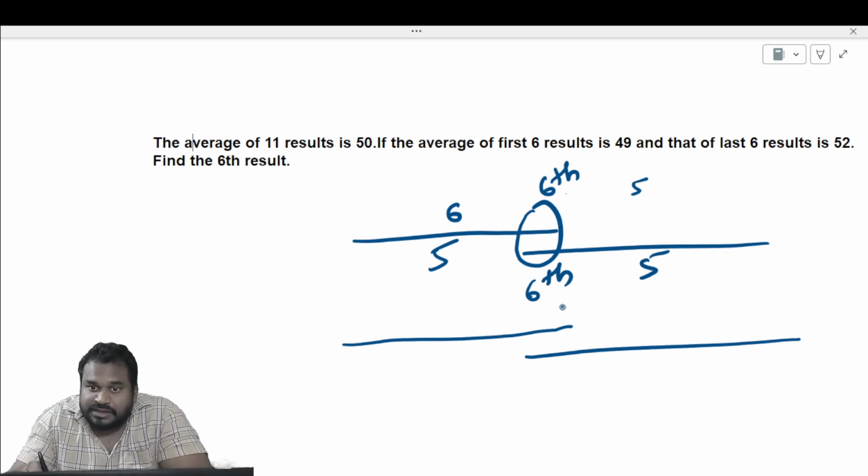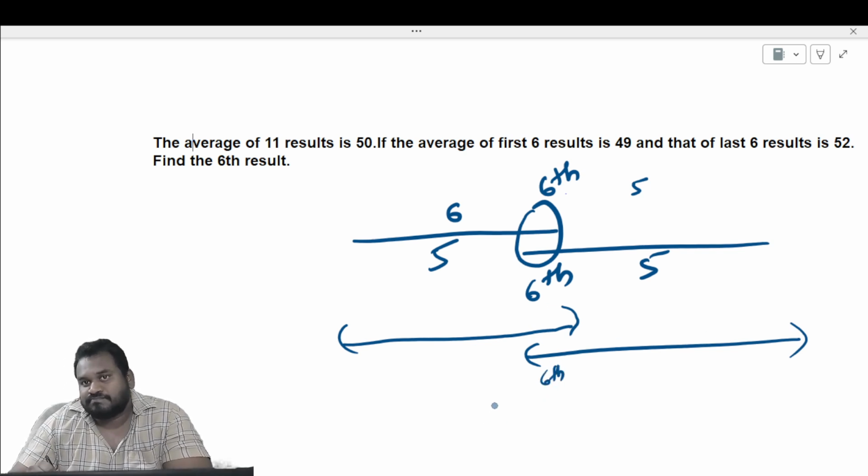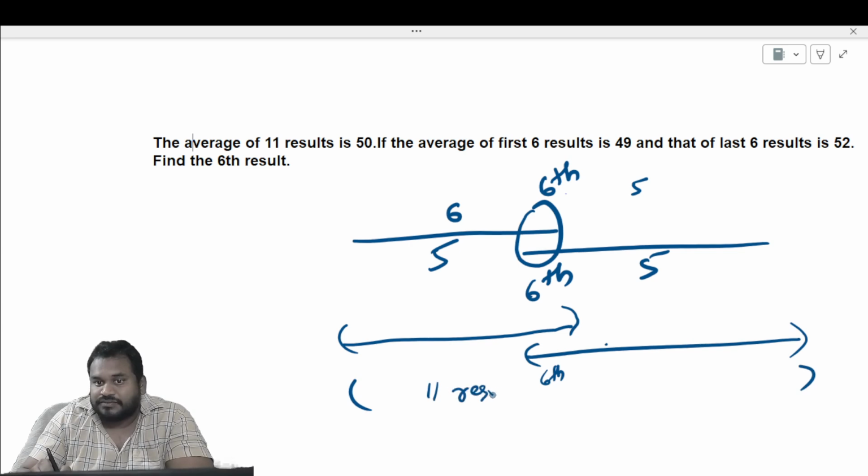Now if I add the sum of the first 6 numbers and the sum of the last 6, 2 times the 6th number is included, okay? If I add this one and this one, then 2 times the 6th is included. Then I will subtract all the 11 results from the sum of these two.